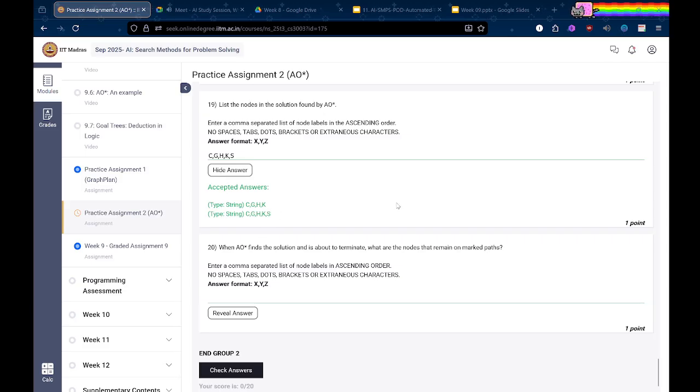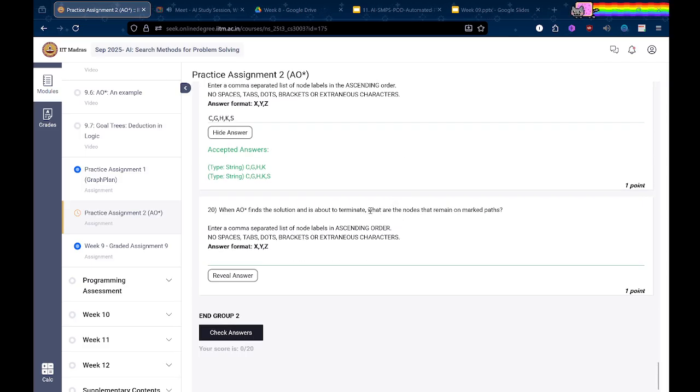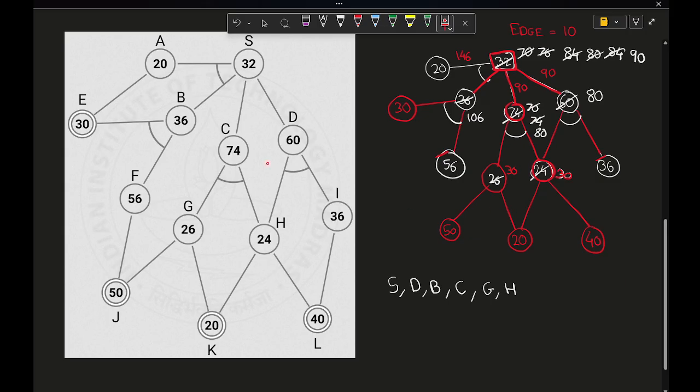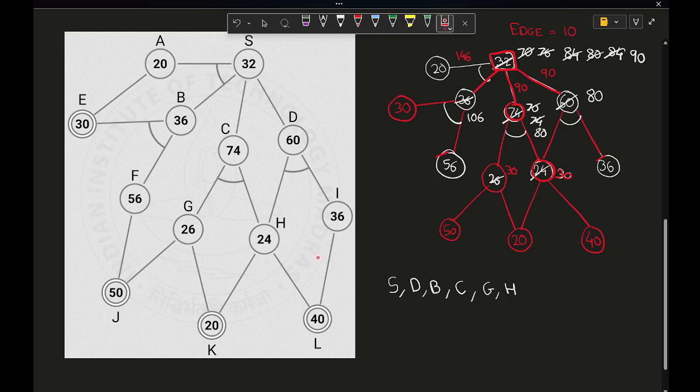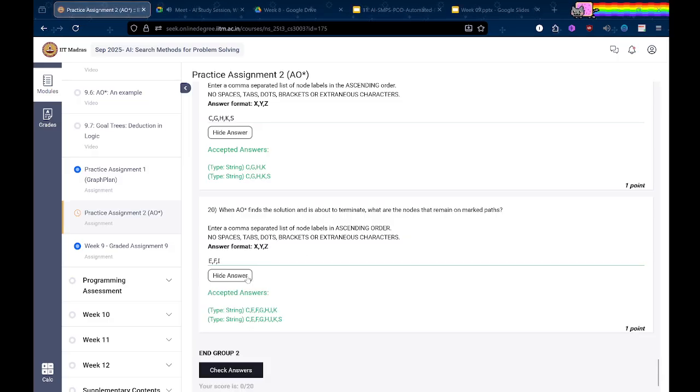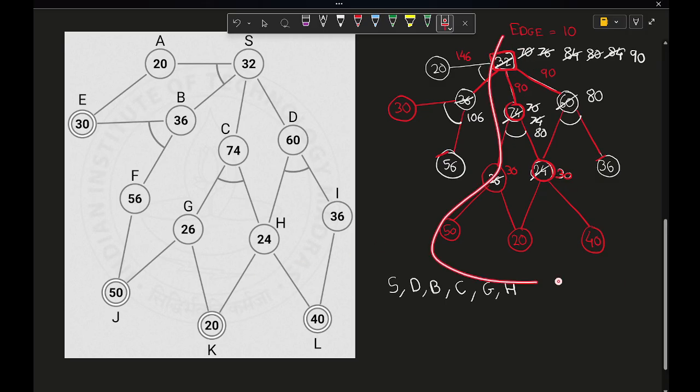What are the nodes that remained on the marked path? I don't know. No, we have to write the entire red things and that 30 thing also. So E, F, and this. That E, F, I. Oh, sorry, the rest of the red things too, as you said.